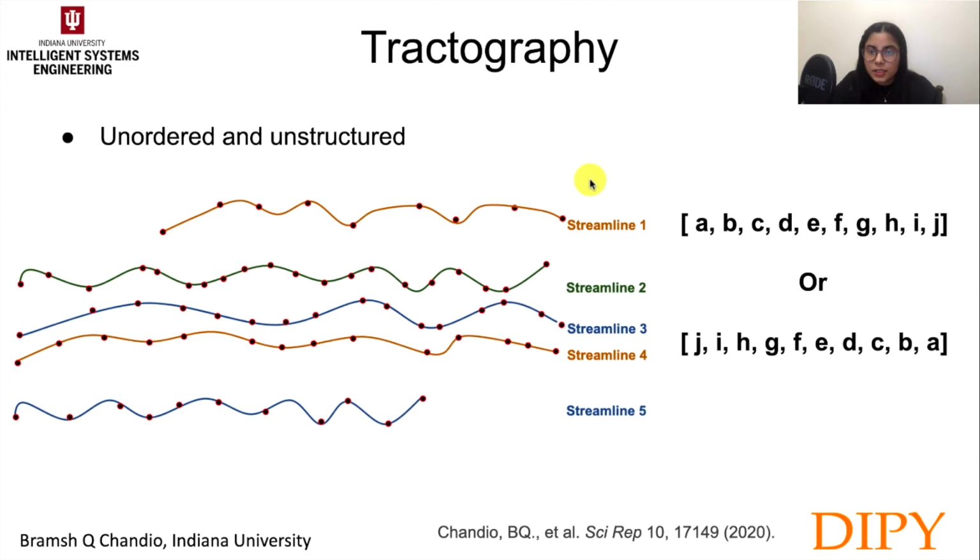And the interesting thing to note here is, even if it is flipped in a way that the first point becomes this one, as it is saved like here, J becomes the first point, I becomes the second point, and A becomes the last point. This is called a flipped streamline. This problem is called the unordered streamline problem.